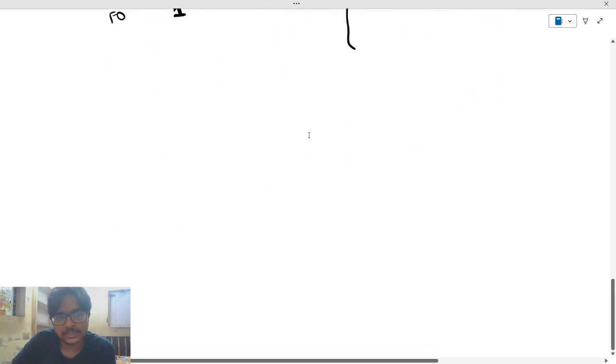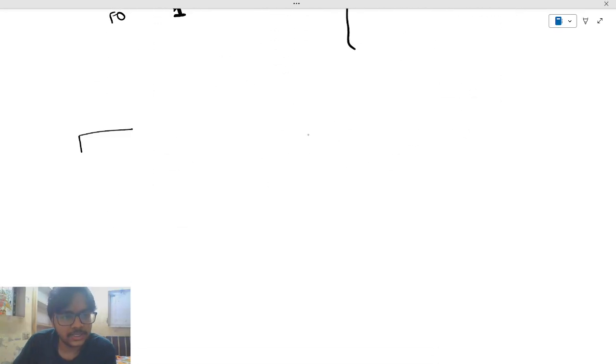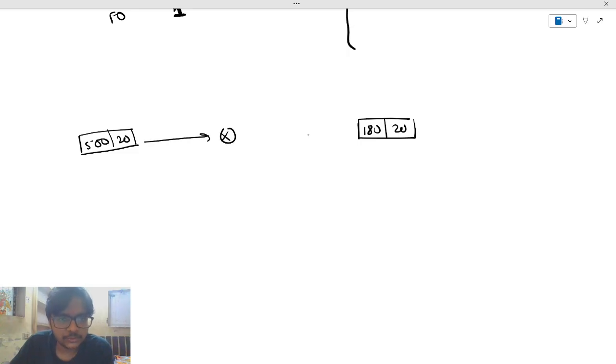So the sender had 520 and the receiver had 180 and 20. Now it is the responsibility of the router to divide the packet. 500 will be divided, so 180 is the maximum acceptable payload.